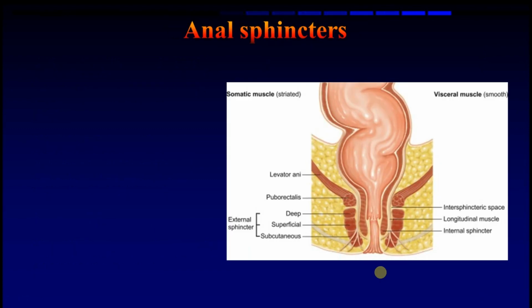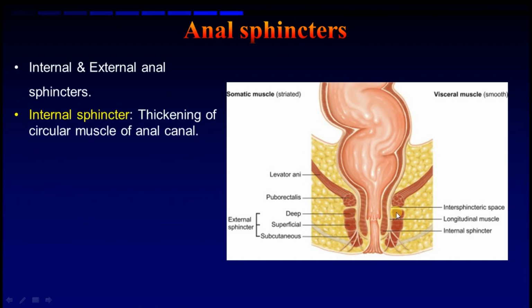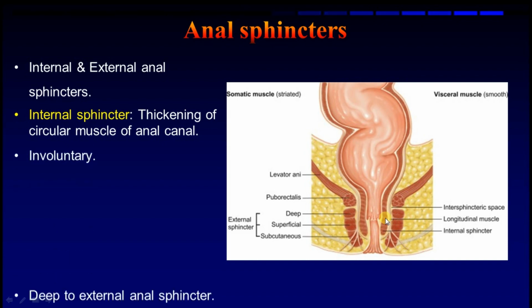Coming to the anal sphincters, we have two sets: the internal sphincter and the external sphincter. The internal sphincter is involuntary. It is nothing but a thickening of the circular muscle of the anal canal, and it is not under our willful control.